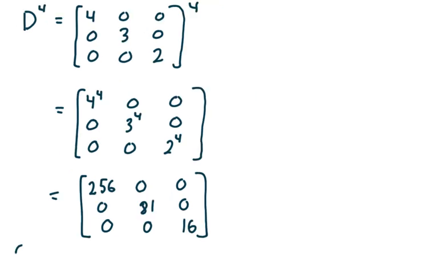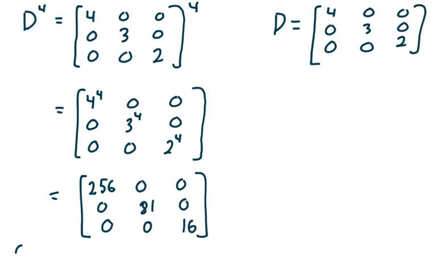Now, if D was the matrix 4, 0, 0, 0, 3, 0, 0, 0, 2, and then I want to find D to the 4th, that's also straightforward.